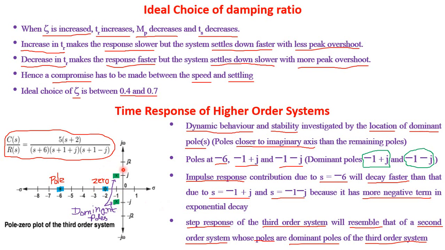Only these dominant poles decide the system response. Therefore we can equivalently write that this third order system is approximately a second order system, but the poles of the second order system are the dominant poles of the third order system. That means this effect we are nullifying. That is the meaning.